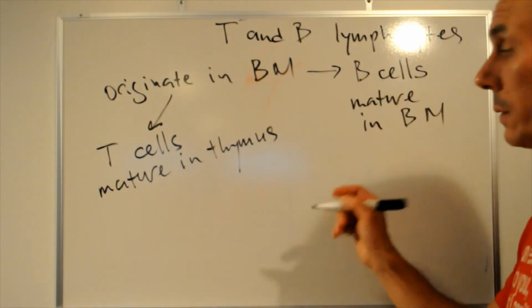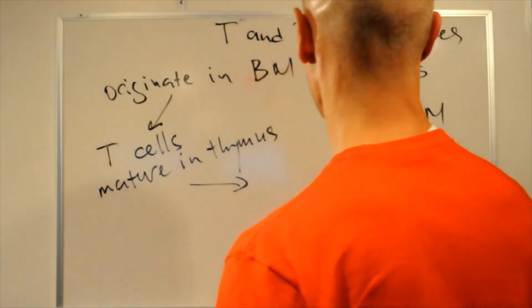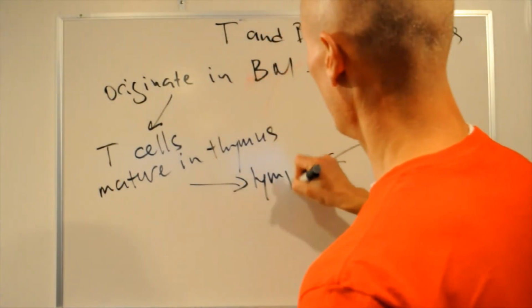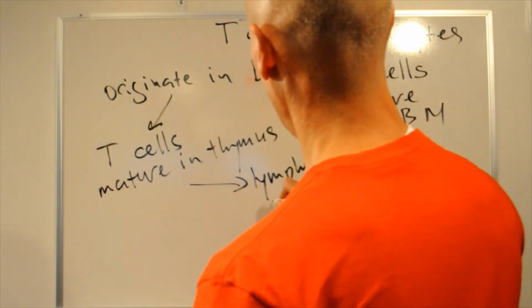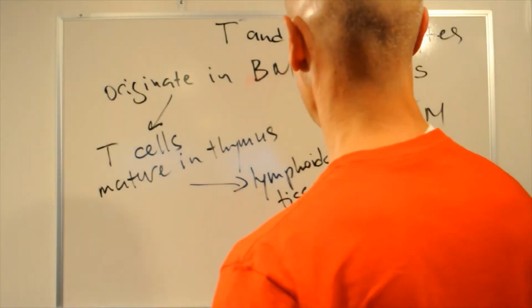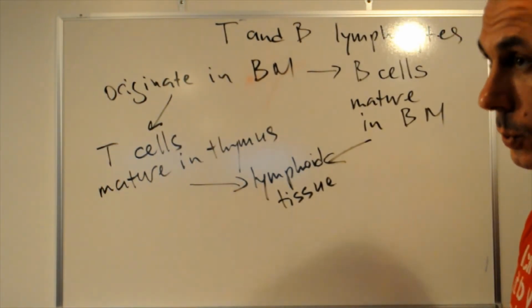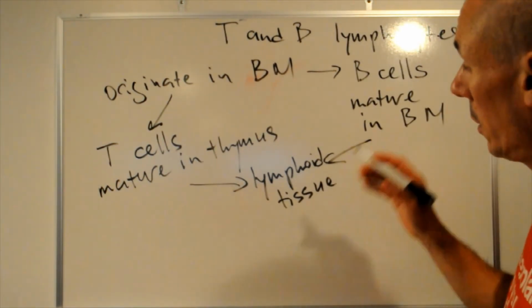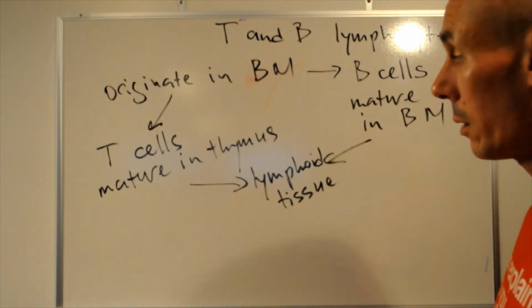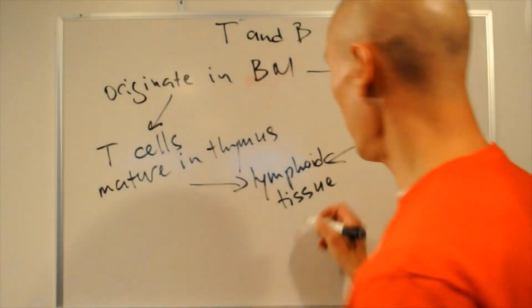And then both B and T cells populate lymphoid tissue, such as spleen or lymph nodes. And in the lymphoid tissue they get exposed to the antigen.